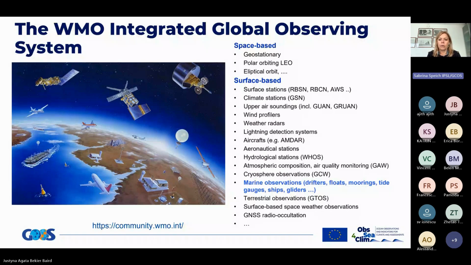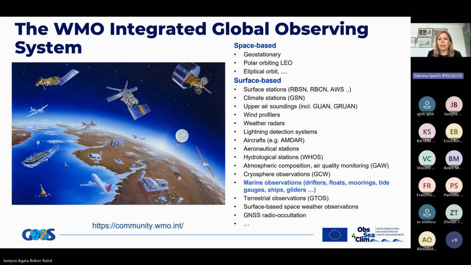So you find GOS, GAW, WHOS, GCOS, etc. And it tries to coordinate this comprehensive global system to improve interoperability and integration across all the subsystems, atmosphere, ocean, hydrology, and climate, to make use of new technologies, avoid duplication, ensure sustained high-quality observation, and provide governance, standards, and coordination mechanisms for observation.